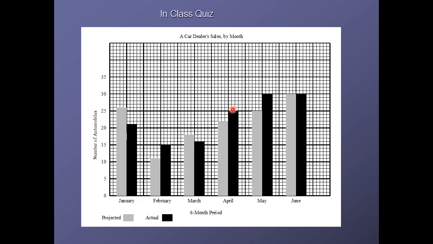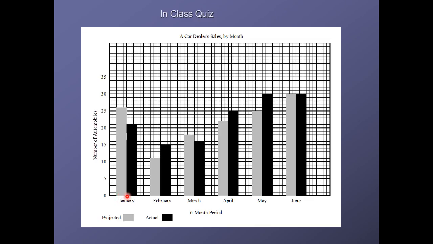Now, for an example, let's say we have to answer a quiz question, and this graph is given to us, okay? What it shows is, in every month, you see here, these are the different months: January, February, March, April, and these are the number of automobiles. Let's say this is a car dealer, okay? Their projected sale is the gray bar, and the actual sale is the black bar.